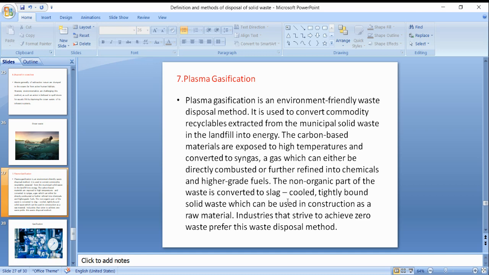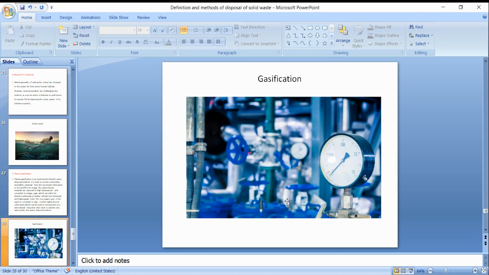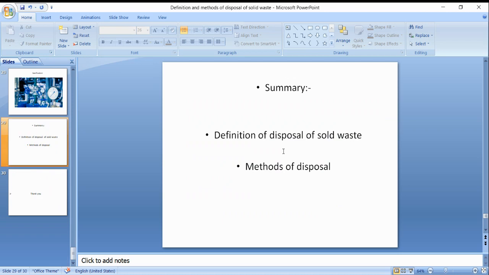Industries that strive to achieve zero waste prefer this waste disposal method. If industries use plasma gasification, they can produce zero waste. Here we are converting the waste into a fuel form.